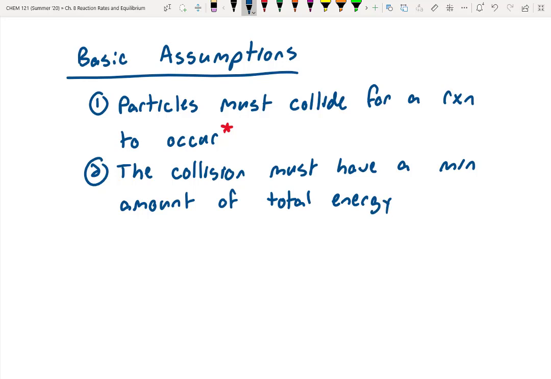All right, and then number three fits more into my field, which is organic chemistry, but it says that some reactions, not all of them, but some reactions require a collision with a specific orientation.